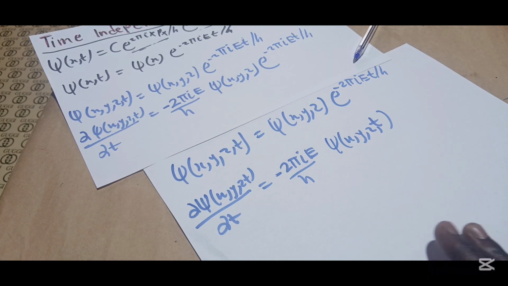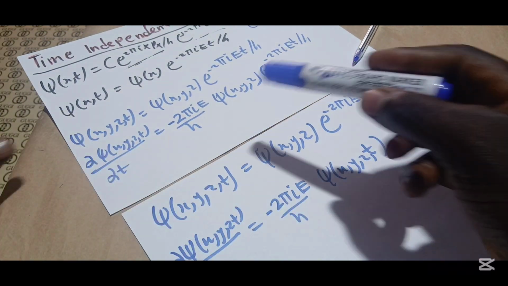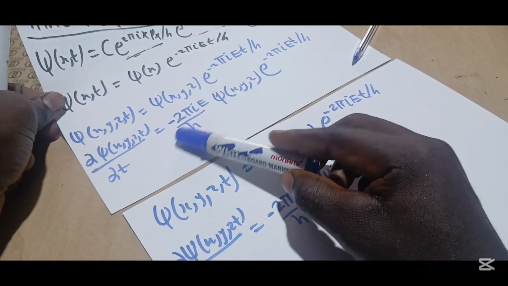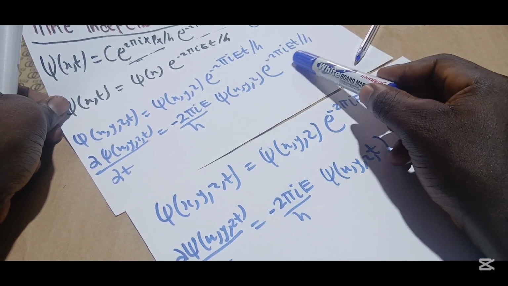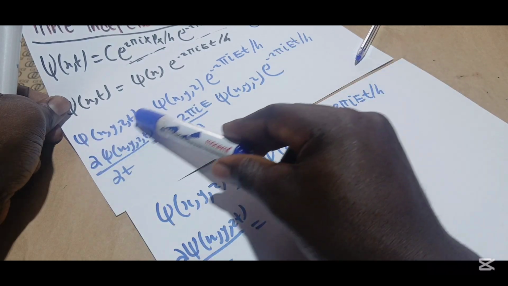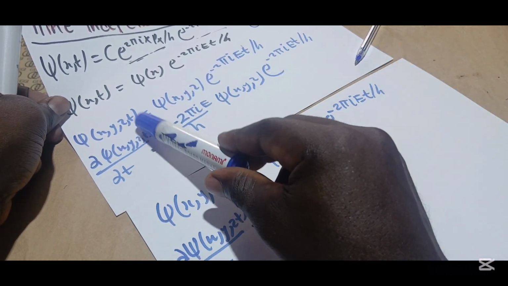So, like I said earlier, looking at this term here, this is our result of differentiating with respect to time. This term is the same as this equation right here, right? Which equals psi of x, y, z, and t.